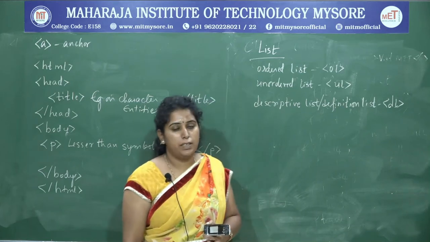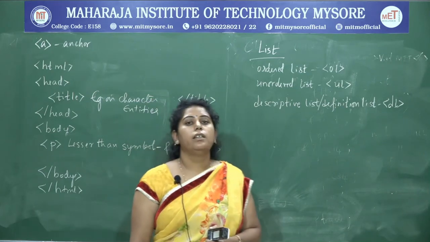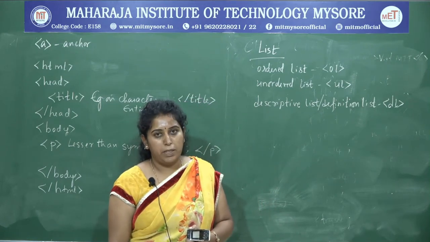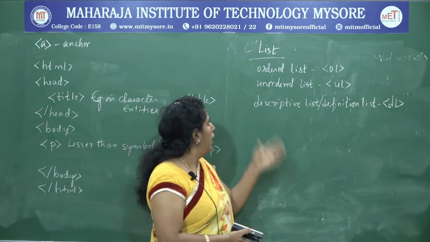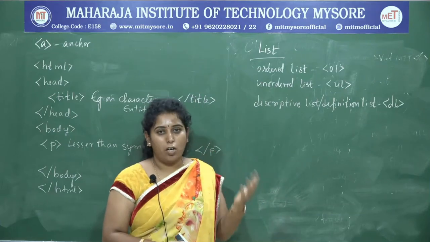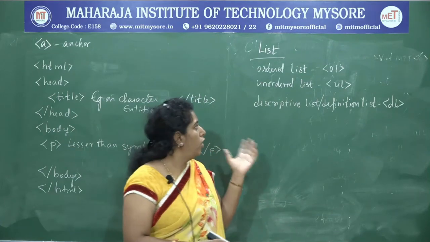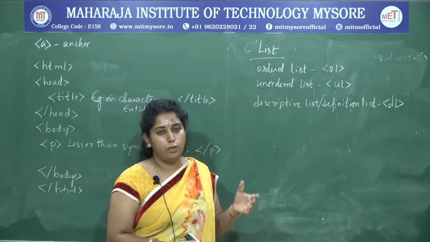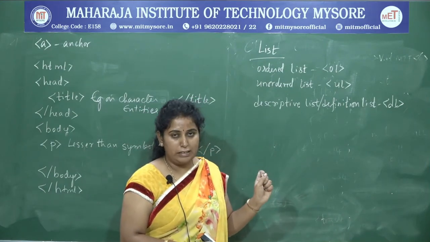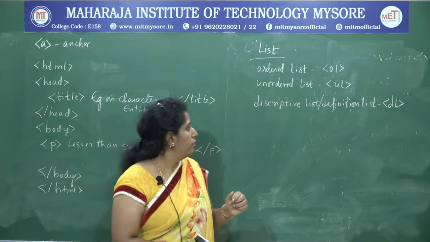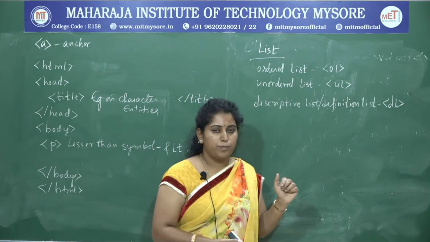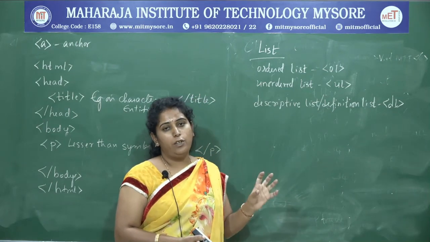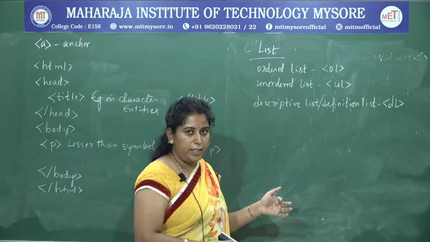Whatever data is present in the list can be ordered in the form of numbers or alphabets. Unordered list means the items are not in order. Since they are not in order, they can be represented using bullets, circle or square. The descriptive list contains name and value pairs. You will get it by taking the example.